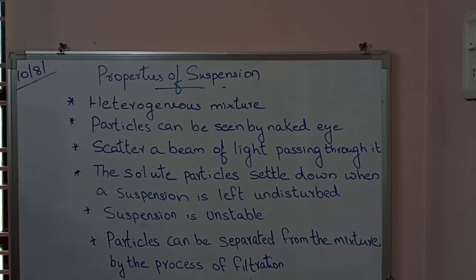Another property is that the solute particles of the suspension will settle down when left undisturbed. So we can say that a suspension is unstable. You know that a solution is stable, but a suspension is unstable. And we can filter a suspension. We can separate the solute and solvent particles of a suspension by the filtration method.